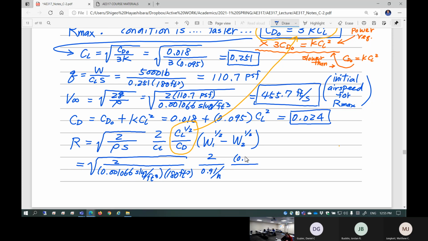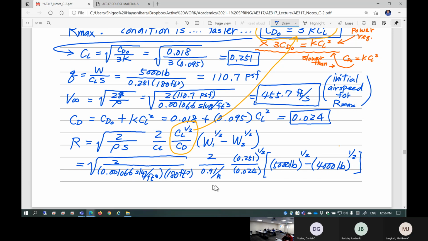CL is 0.251 to the power of 1/2, CD is 0.024. Initial weight 5,000 pounds to the power of 1/2 minus final weight 4,000 pounds to the power of 1/2.